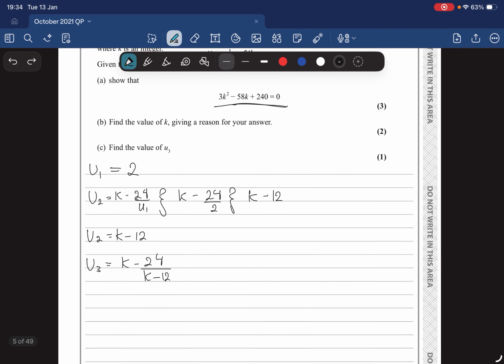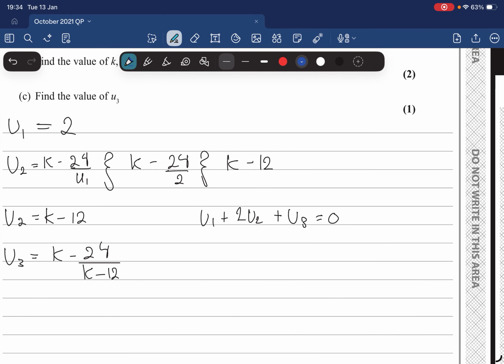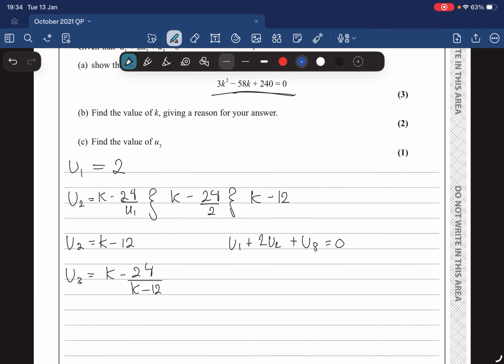Okay, so u1 plus 2u2 plus u3 is equal to 0. I'm going to go in a little bit of a different color here just to make it nice and neat. So we get 2, because that's u1, plus 2 times k minus 12, and then plus u3, which is k minus 24 over k minus 12.